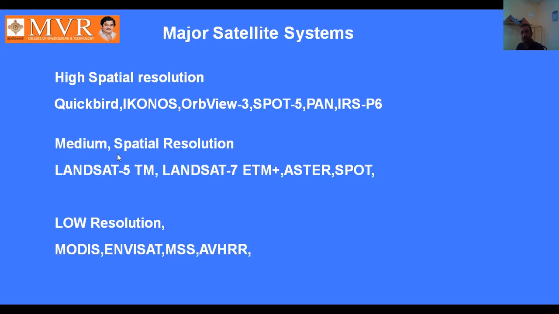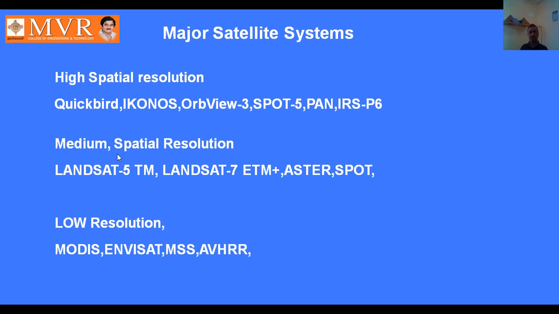Now, the major satellite systems. You know very well spatial resolution. Based on the spatial resolution, they are divided into 3: low, medium, high. High spatial resolution: QuickBird, IKONOS, Orbview 3, Spot 5, Cartosat, IRS P6.